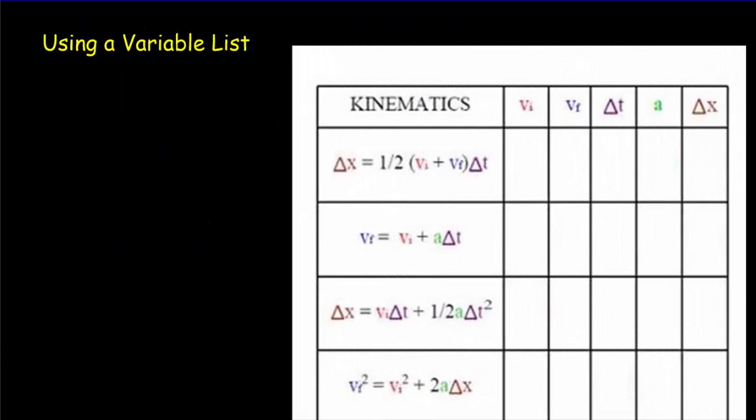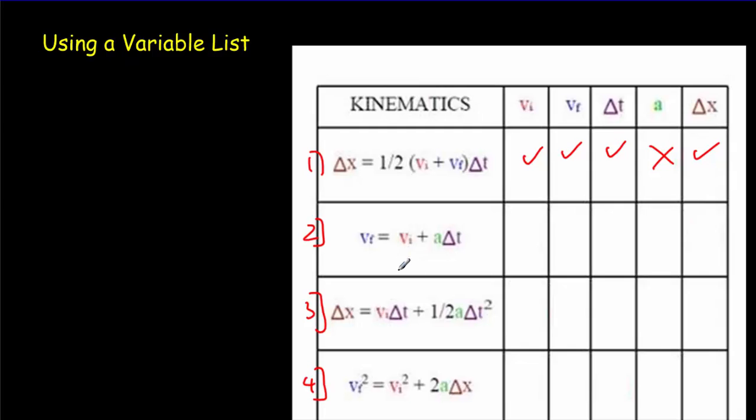Now, I said earlier in the video that we'd be doing a lot of variable lists in this video. Let me show you how a variable list works. We've got these 4 kinematics equations, 1, 2, 3, and 4. Now, if I look at the first equation, we have a delta x in that equation. We have a vi, we have a vf, and we have a delta t. But we don't have an acceleration in that equation.